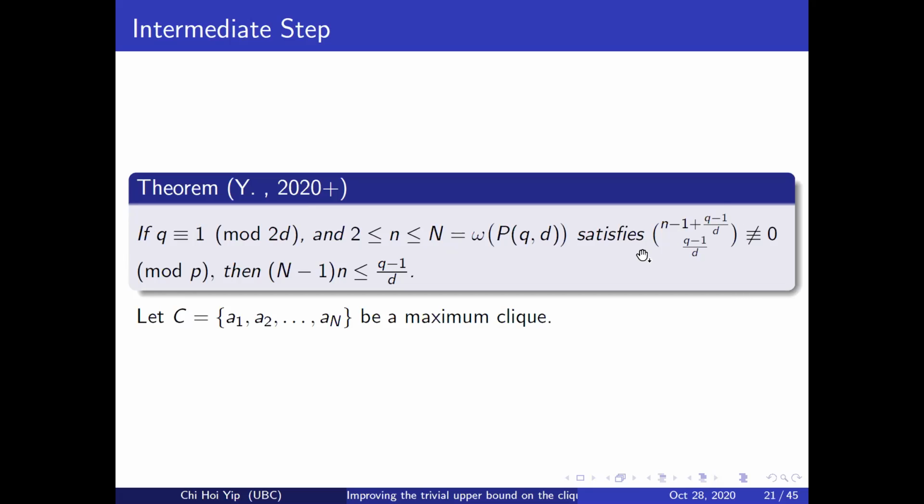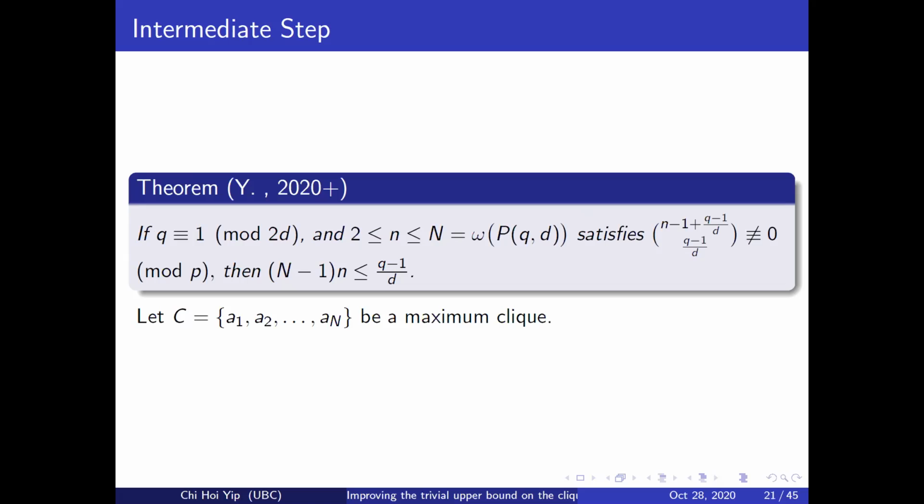The purpose of this condition is that we want the polynomial we construct to be a non-zero polynomial. I guess that's crucial. If this condition is satisfied, then we have (N minus 1) times little n is bounded by (q minus 1) over d.